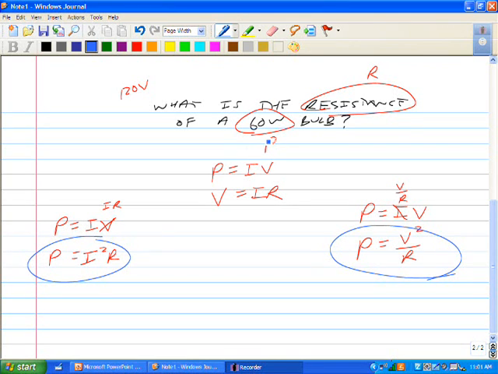But it will help me in a question like this, because now I know that if P equals V squared over R, I can solve for R directly with just P and V. So R equals V squared over P, which in this case would be 120 squared divided by 60, right?